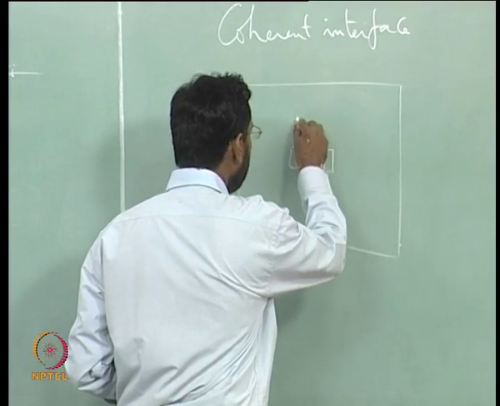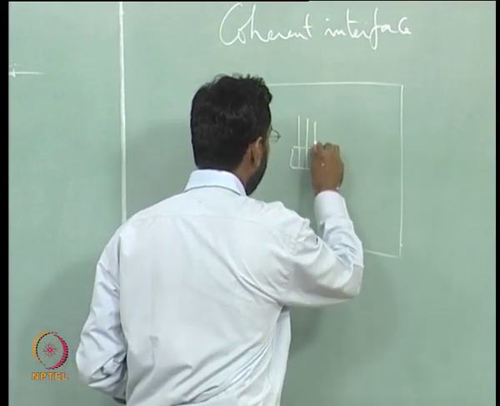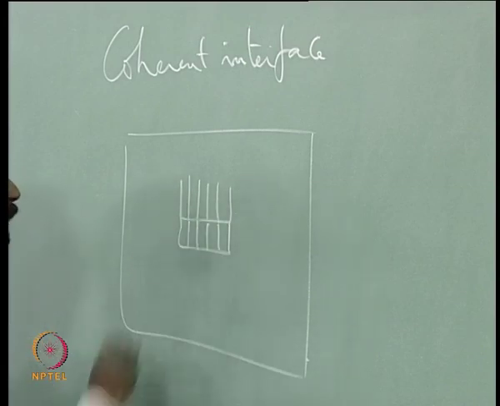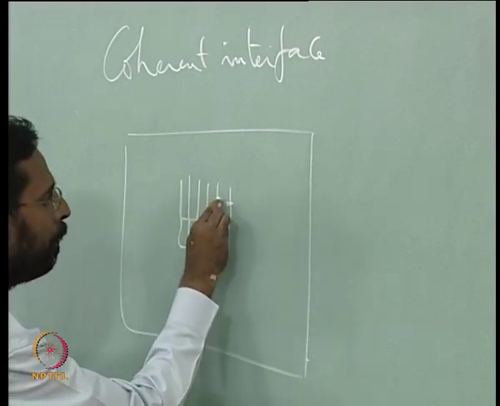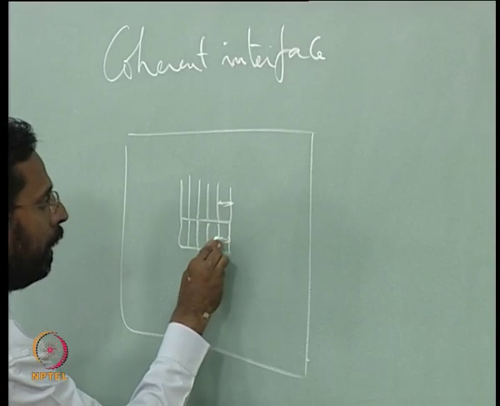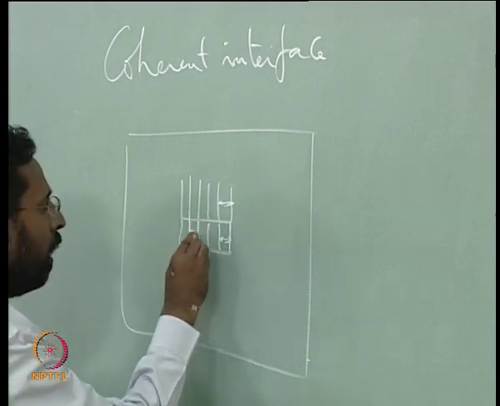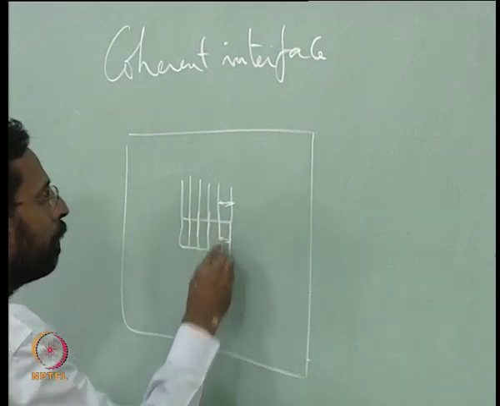When the atomic planes in the matrix have similar interplanar distance with respect to the precipitate, then what you see is a continuity of the atomic planes.